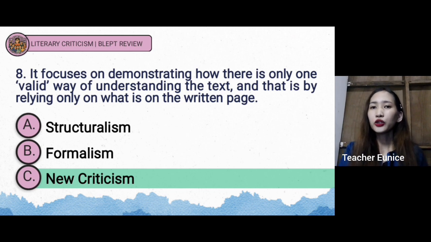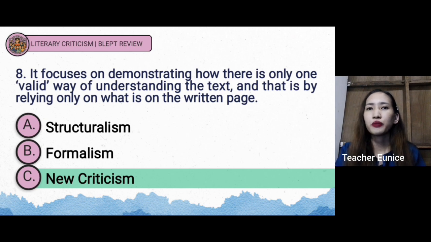So why? Because new criticism focuses on close reading and analysis of the text itself rather than the author or historical context. And structuralism is a way of perceiving the world in terms of structures such as language, genres, and binary opposition. It is an approach that studies underlying systems of language, culture, and literature.